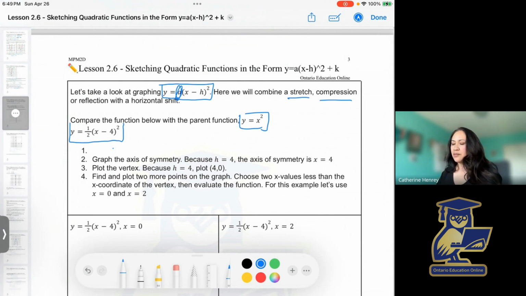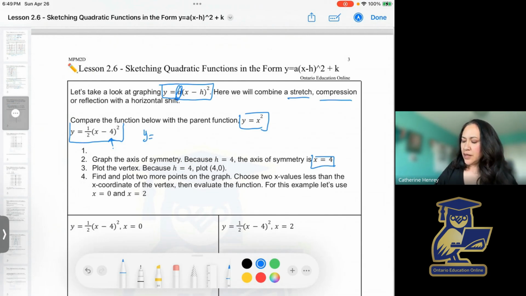We can start by graphing the axis of symmetry, and because the h is 4, the axis of symmetry is x equals 4. If we want to find the vertex, we have to plug in h into the function.